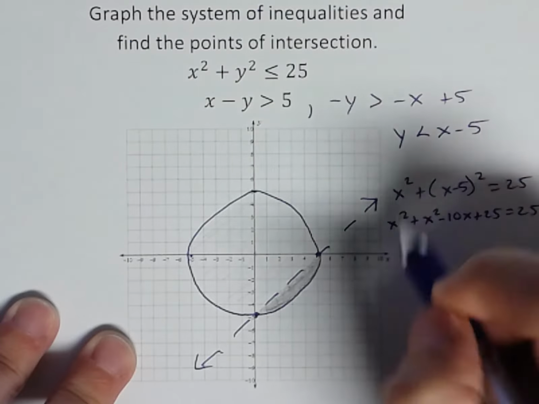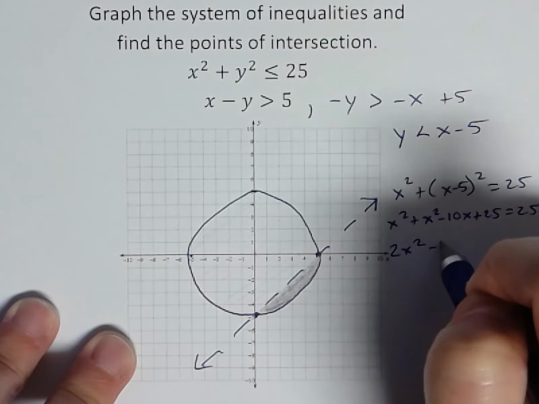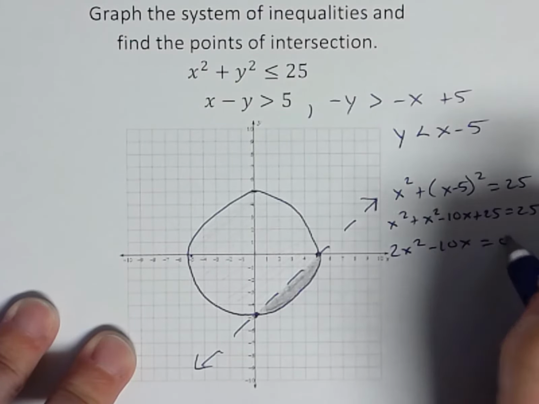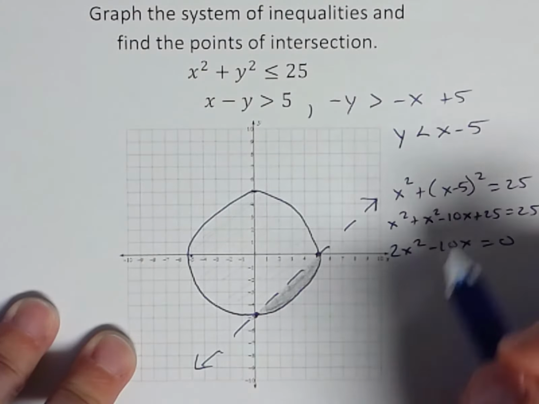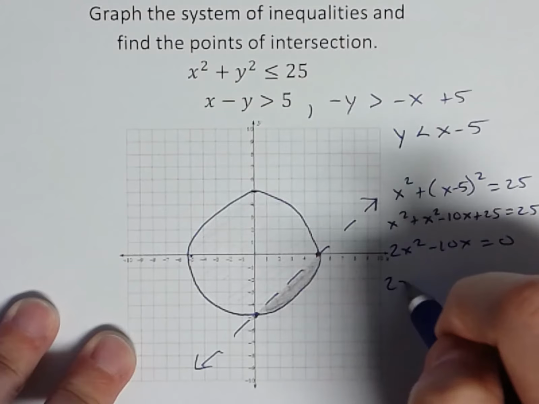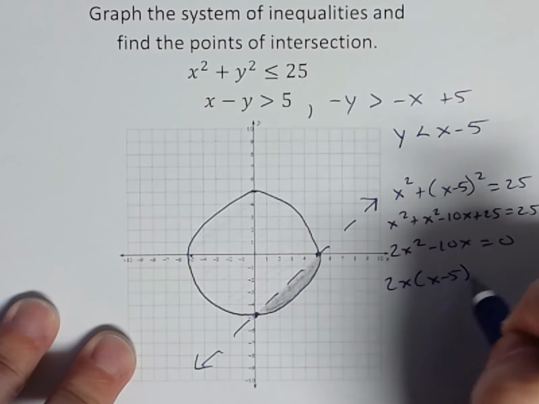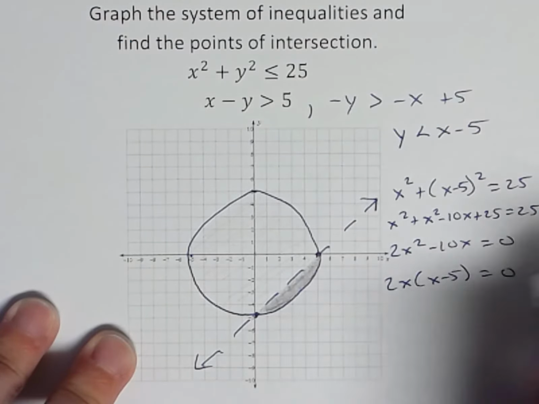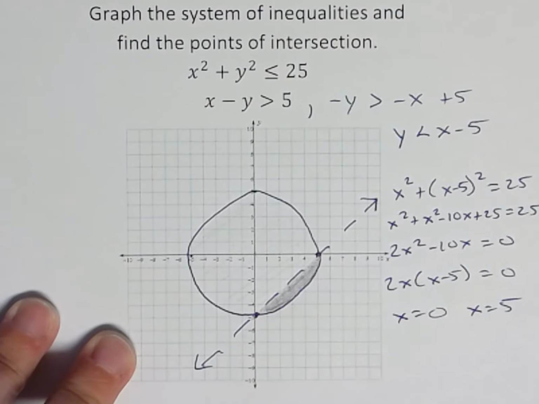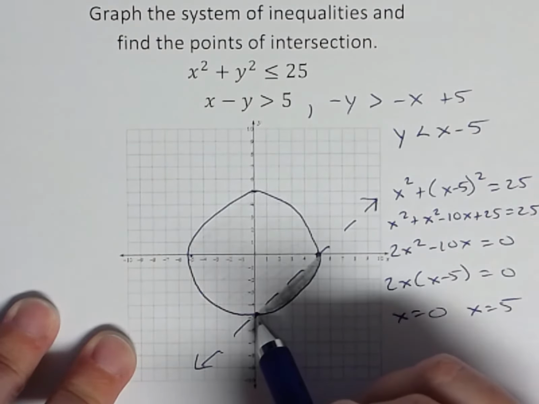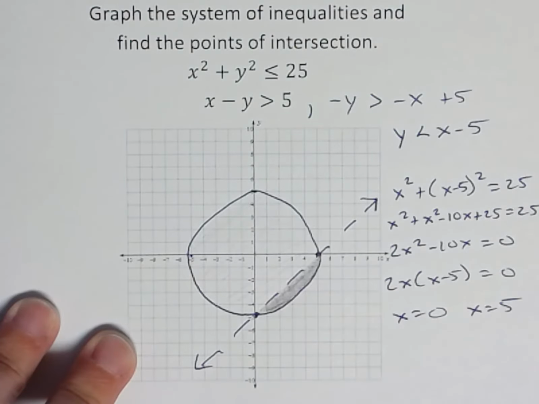Now let's clean this up. So 2x squared minus 10x equals 0. Subtract that 25 over there. And now we could factor, so 2x times (x minus 5) equals 0. Where would that be true? Well, x could be 0 or x could be 5. Now you can again look at the graph and you can see that, right?